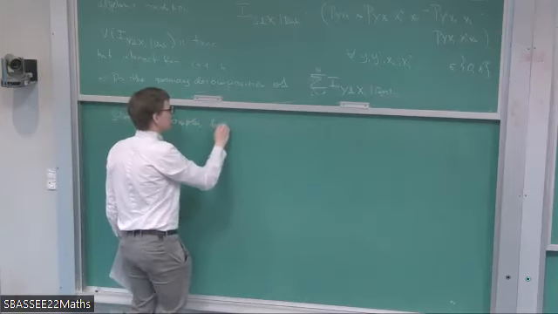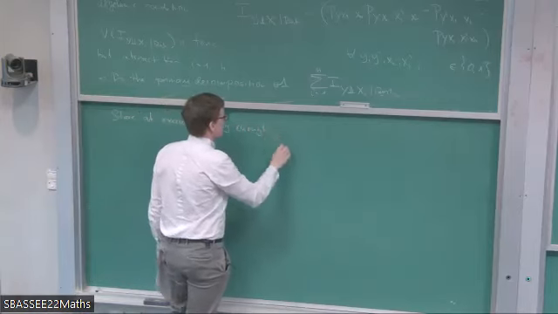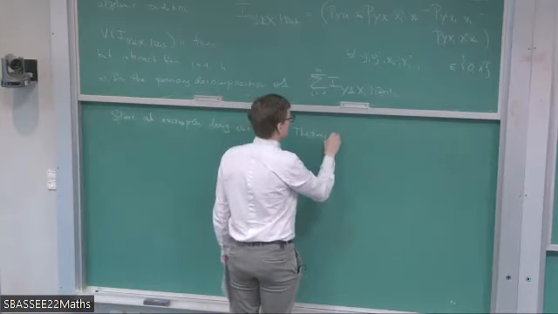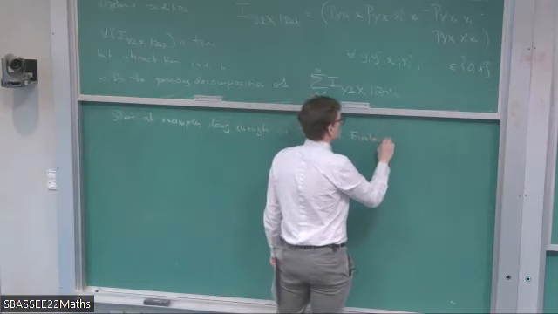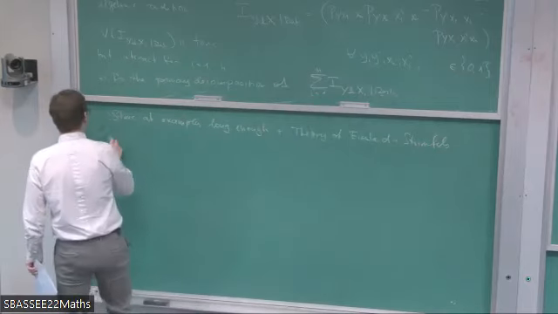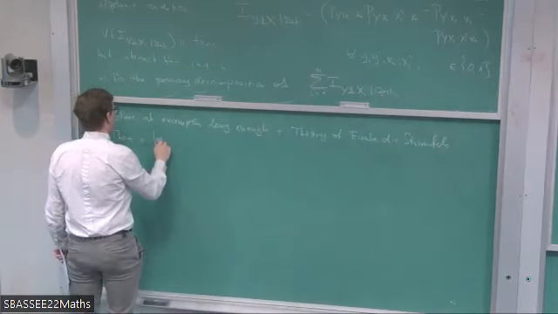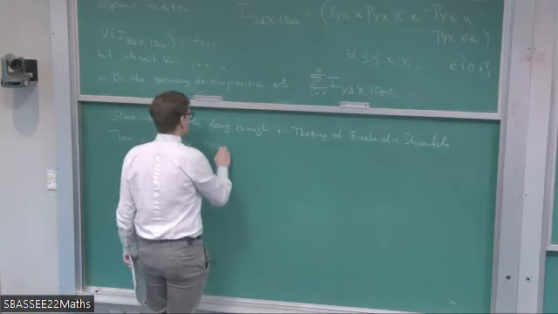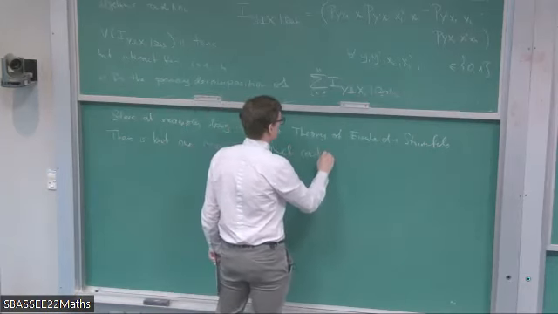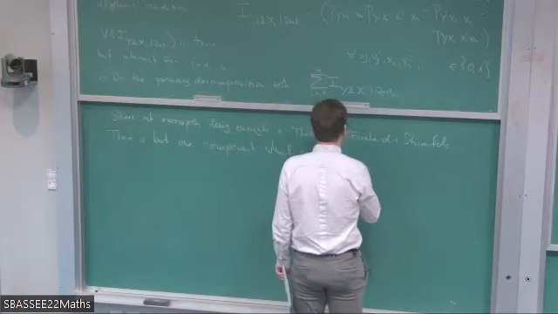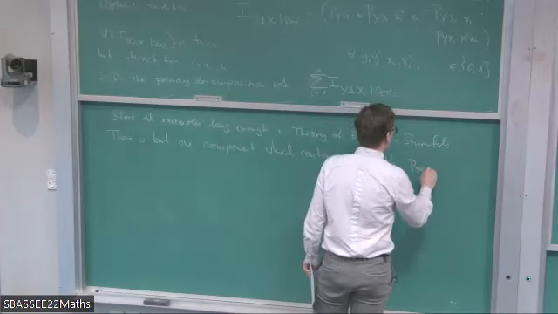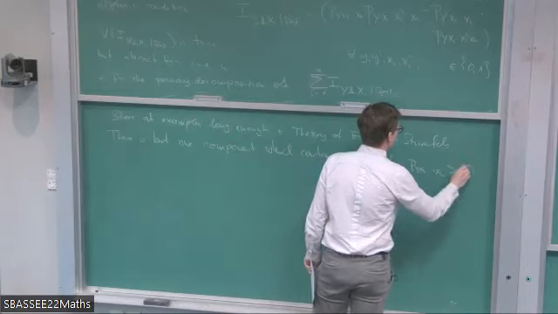You stare at the result for a while, stare at examples long enough, and use the general theory of Eisenbud and Sturmfels, which tells you there's but one component which contains strictly positive P, with P of y, x1 to xn positive.